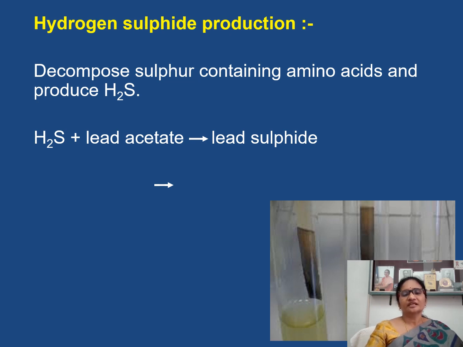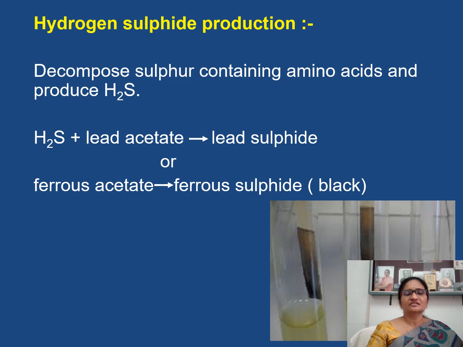If the bacteria are releasing hydrogen sulfide, that gas will react with lead acetate. Lead acetate will turn into black color because H2S plus lead acetate leads to lead sulfide. Lead sulfide is black in color. Here lead sulfide precipitate is produced. Like that we detect hydrogen sulfide production. Instead of lead acetate we can use ferrous acetate also.